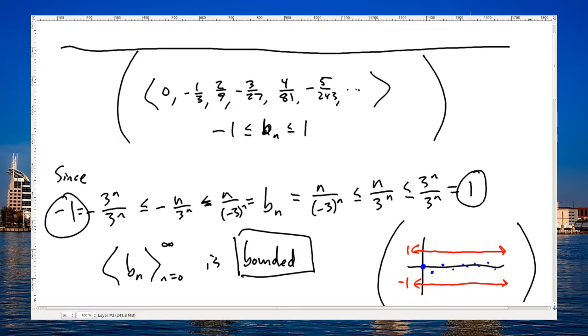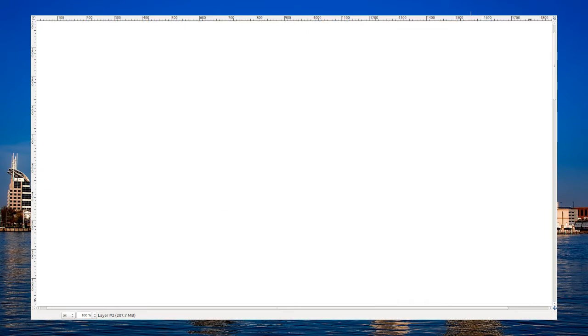All right, so let's take a look at another definition. And this is what's called a monotonic sequence.